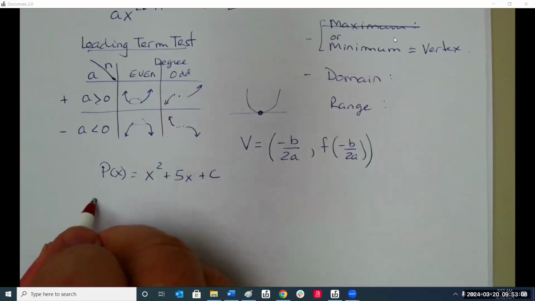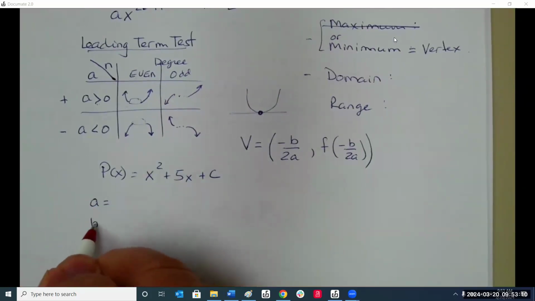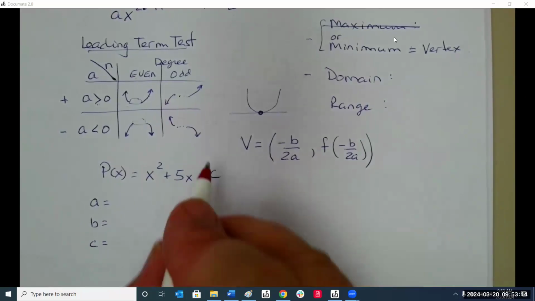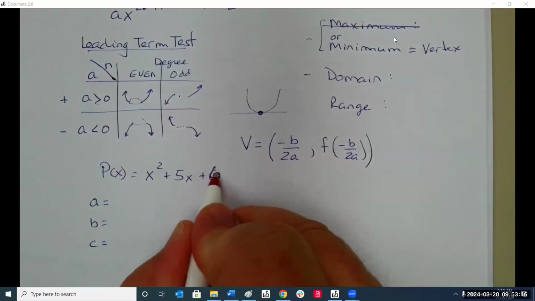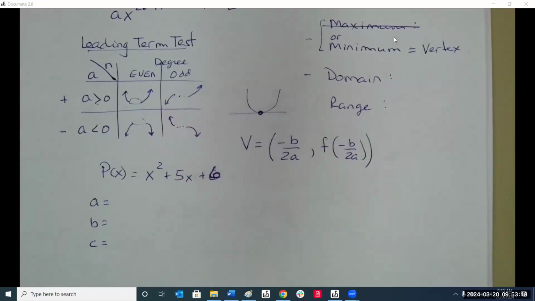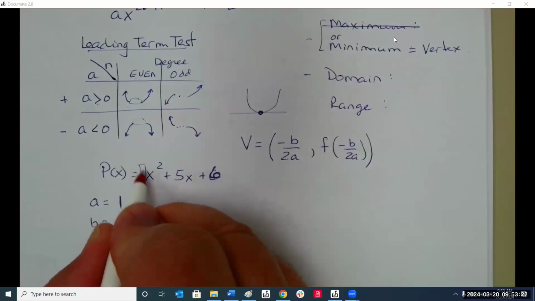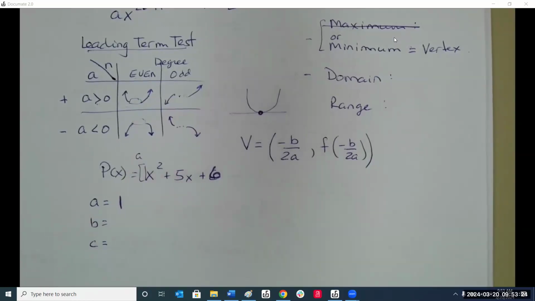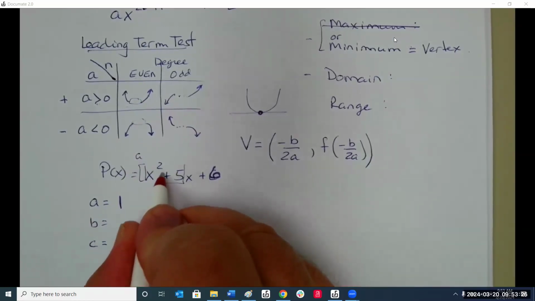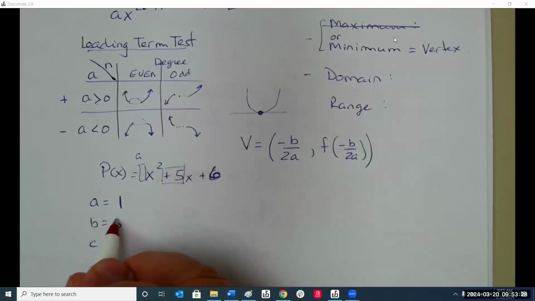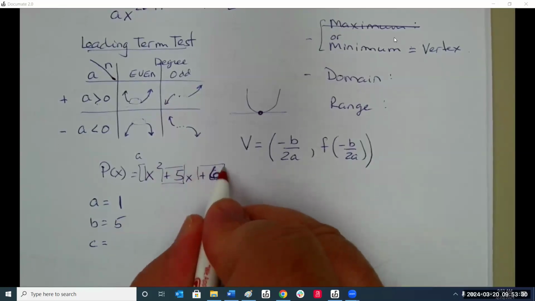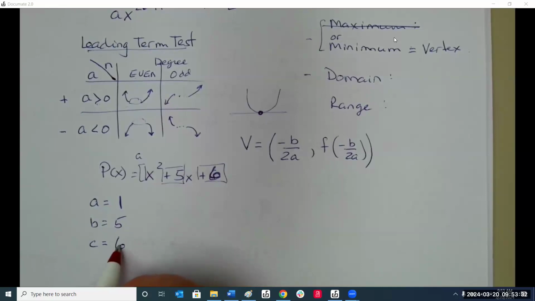So with this, what is our A, what is our B, and what is our C? A is the coefficient of x squared. That's A. It's 1. The coefficient of x is our B. The constant is our C.